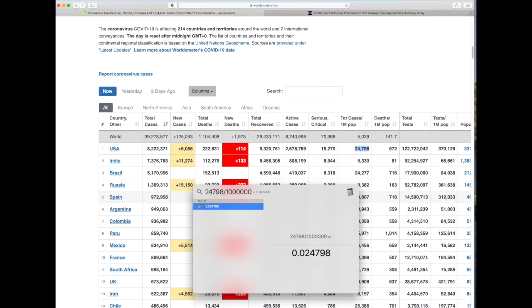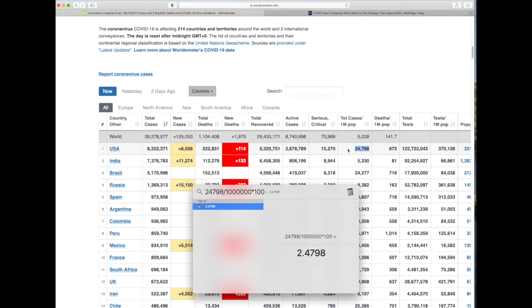What? That means that 2.4%, no. That's not what is it? Yeah, times 100. Yeah, 2.5%, okay, of Americans have caught COVID just because they exist in America.